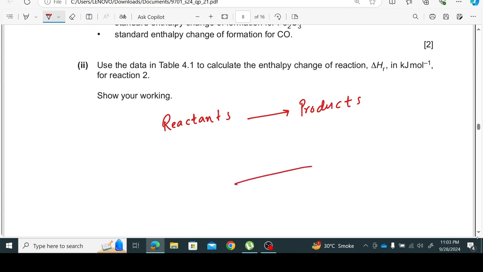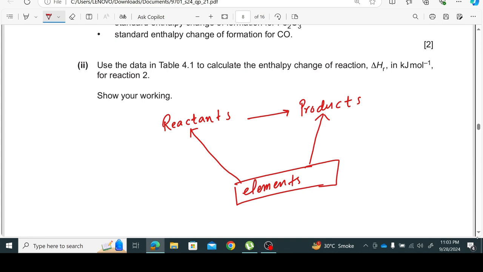And here I will write their elements. Understand? When the elements combine together, you will get the reactants. When these combine together, you will again get the products. So it is in your book, don't you worry.